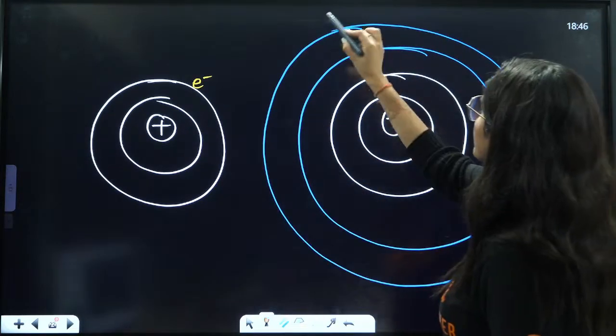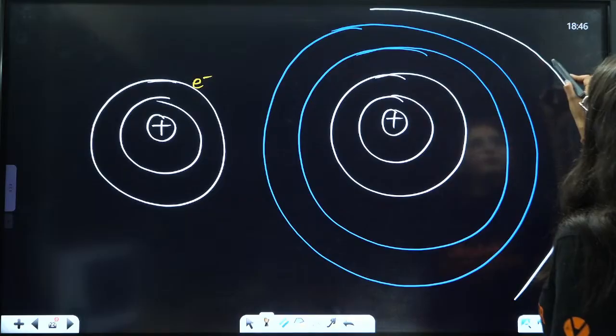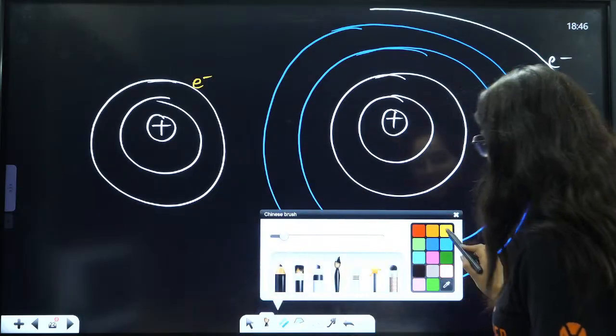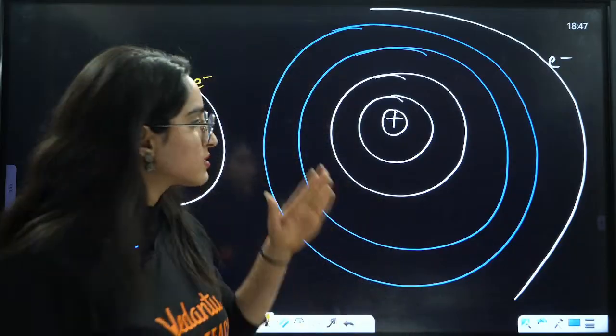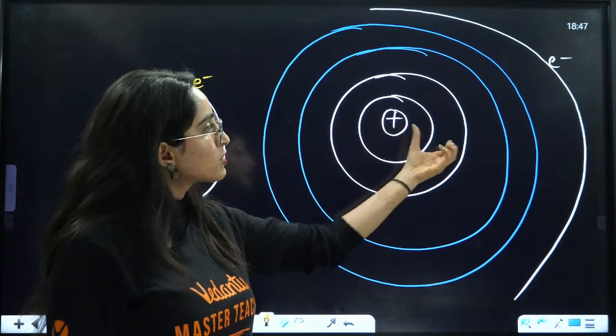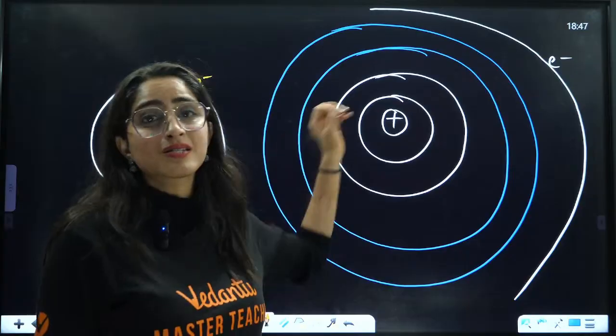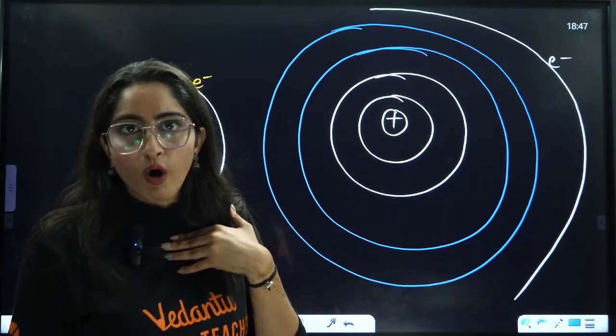Exactly what we thought: this is aluminium, this is gallium, and because it has more shells, the size should be more. This is what we thought, right?